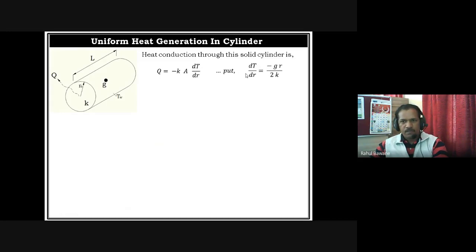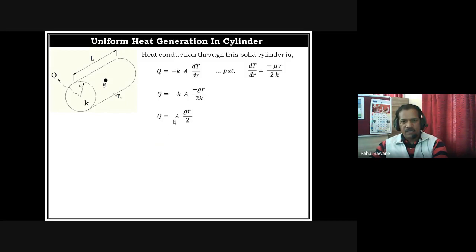And we know that dT by dr is minus gr upon 2k, as we just derived with c1 value 0. Replacing this value, our equation becomes minus kA times minus gr upon 2k. Minus minus becomes plus and this k gets cancelled. So our final form is Q equals A gr upon 2.